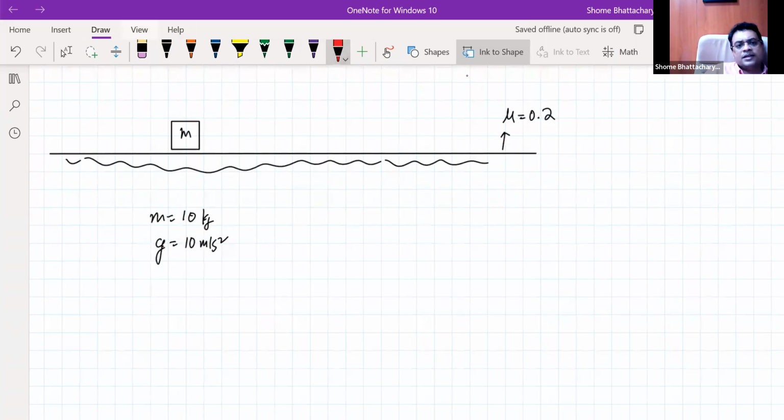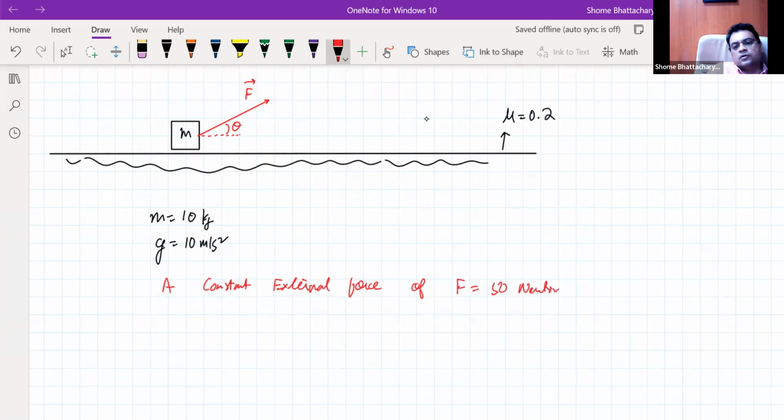Now what we're doing is we're applying an external force, but we are applying that force at some angle. We are applying an external force like this at an angle theta to the horizontal. So a constant external force of magnitude 50 newtons acts at theta equal to 37 degrees as shown.